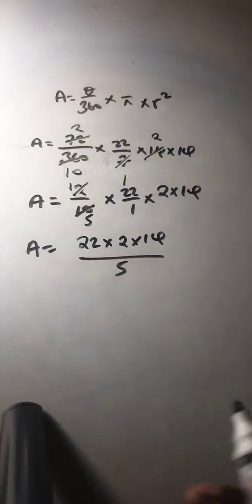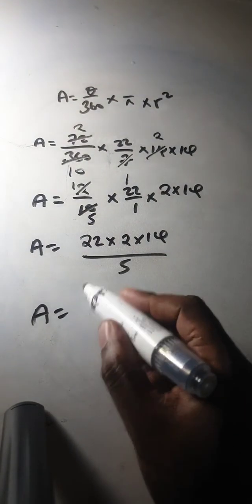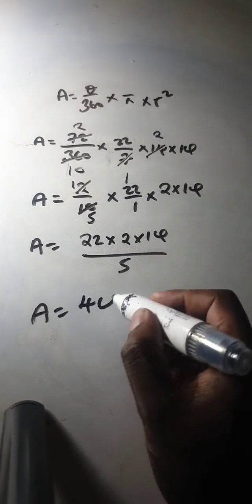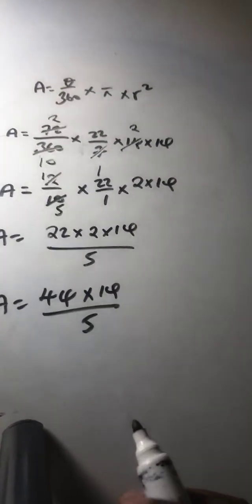Did you check out? Then we say it's equal to 22 times 2 is 44, times 14 over 5. Then we can work out this.